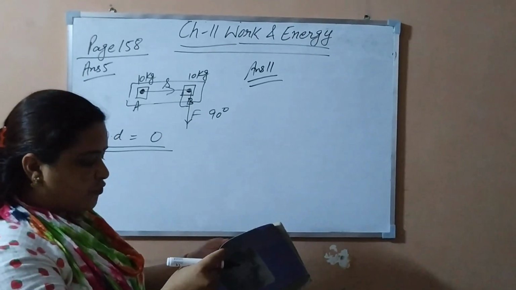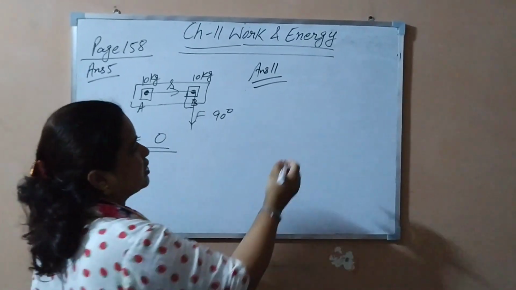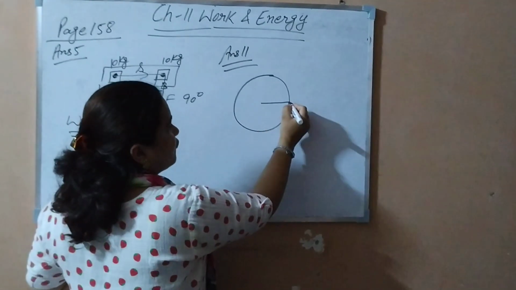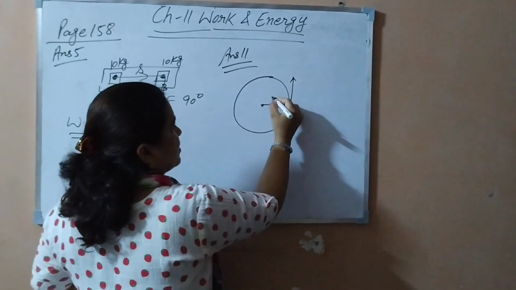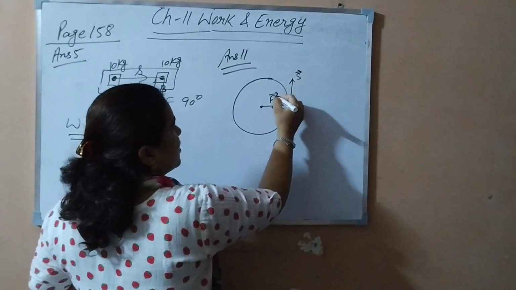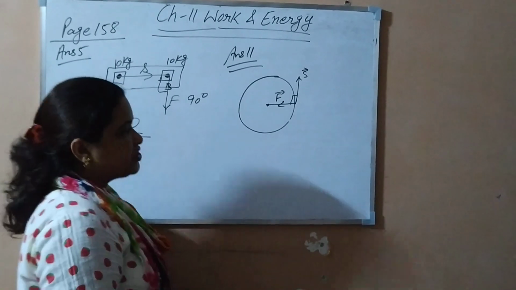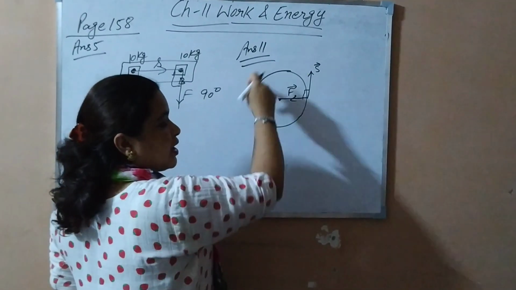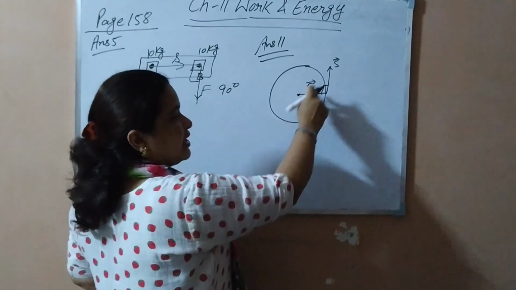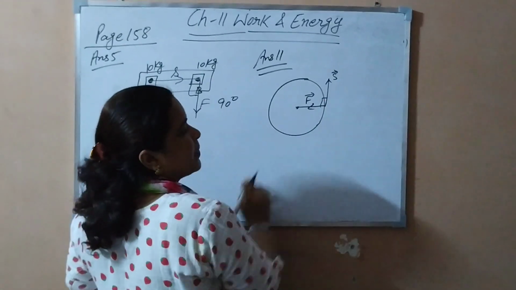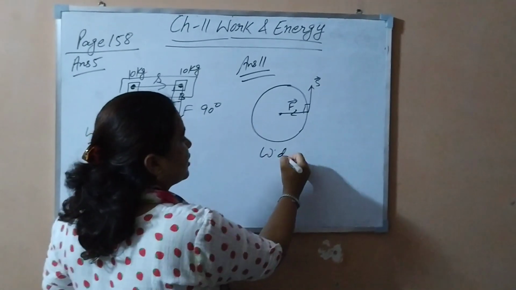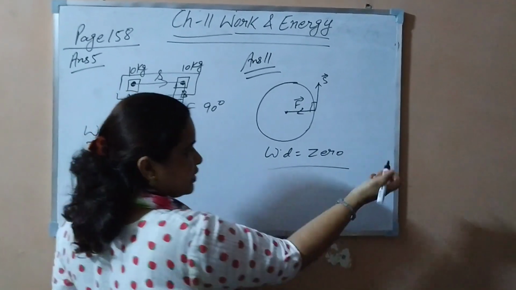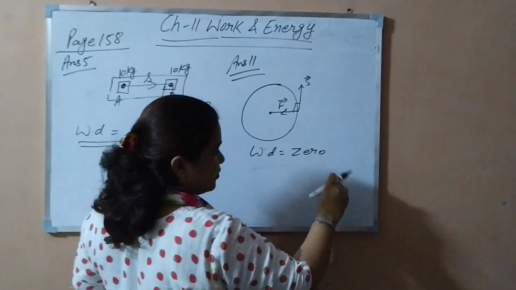We all know that when a satellite is revolving around the earth, the force of gravity and the displacement, F and S, are perpendicular to each other. So what will you write in the answer? When a satellite revolves in a circular path around the earth, the force of gravity and the displacement of the satellite are perpendicular to each other. Therefore the work done is 0. Because they are perpendicular, that's why the work done is 0. Simple. You can write it in this way, but don't go into more detail.